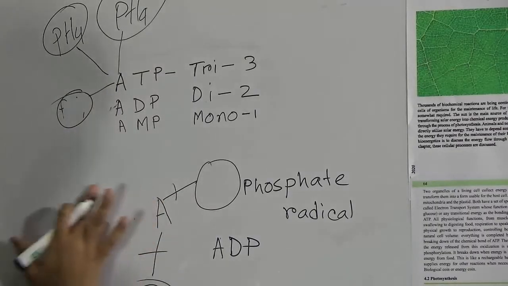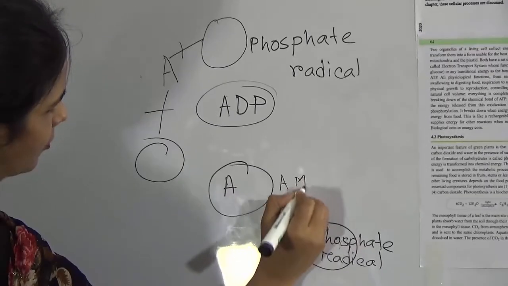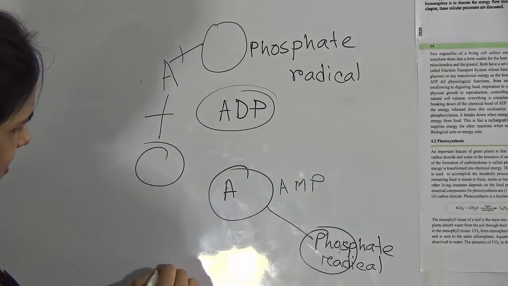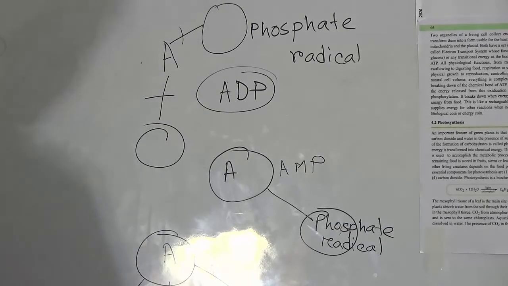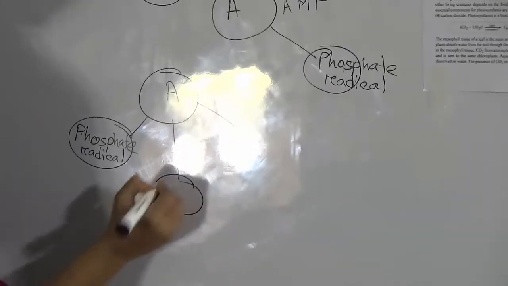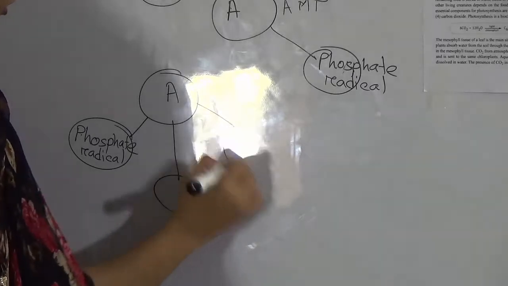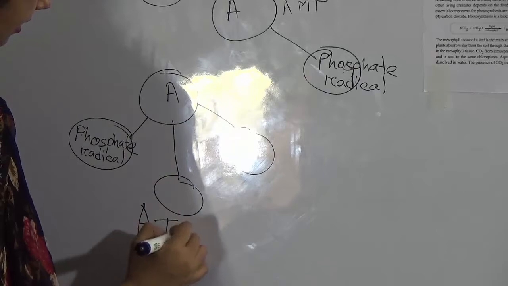And if it has 3 phosphate radicals, it will be ATP.